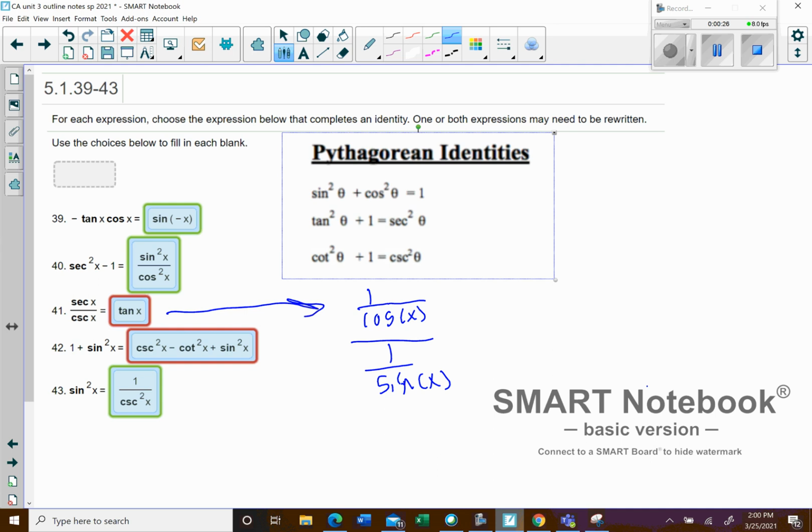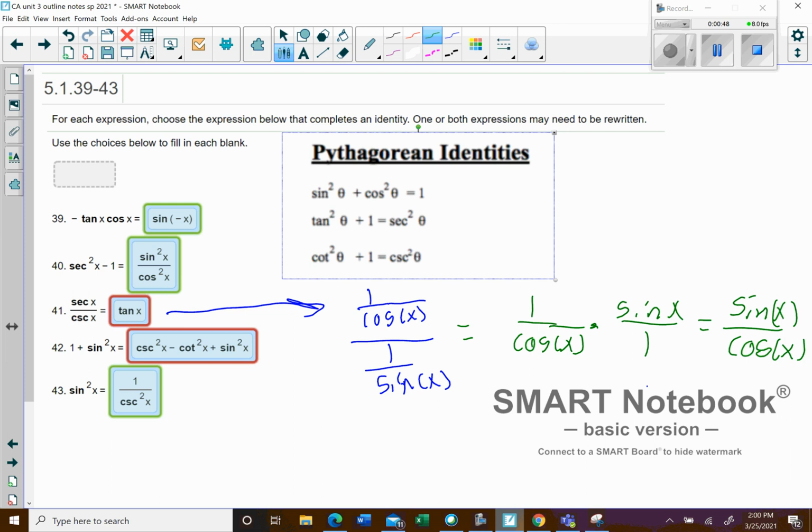And then when you do keep, change, flip, what happens is you end up with 1 over cosine of x times, and then you flip this to where the sine goes on top. And then when you bring it together, you end up with sine over cosine, which then gives you tangent there.